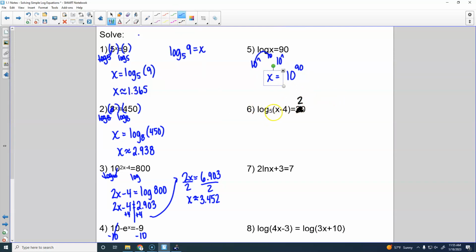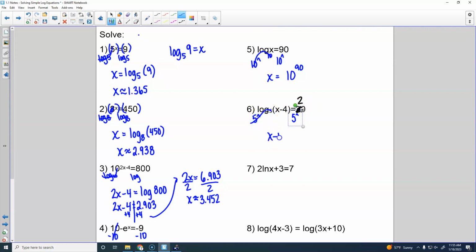So if I have log base 5 of x minus 4, notice x minus 4 is all in the parentheses, so you're taking the log of all of this. How do I get rid of that log base 5? 5 to that power. So 5 raised to the power over here. That 5 and that log base 5 cancel each other out.